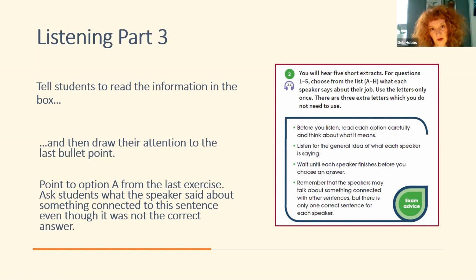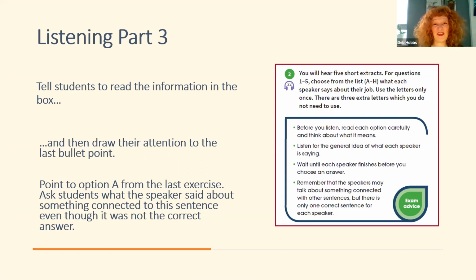What we all often find with these exam advice boxes is that they're specifically giving us advice about something that is relevant in the exam practice that the student has done in a previous exercise. So in this example, the final tip box, remember that the speakers may talk about something connected with other sentences, but there is only one correct sentence for each speaker.